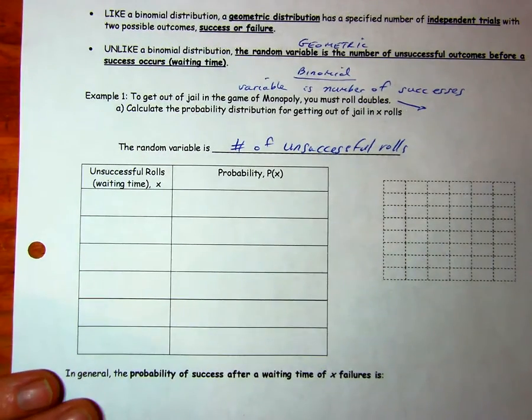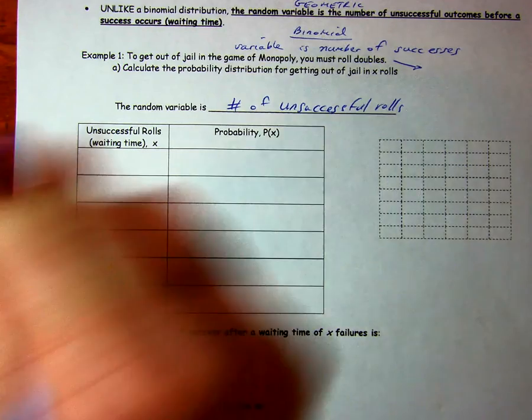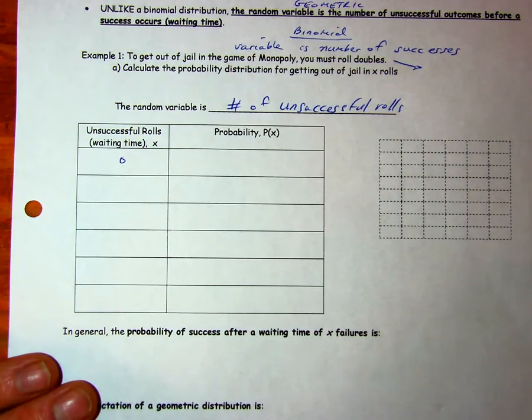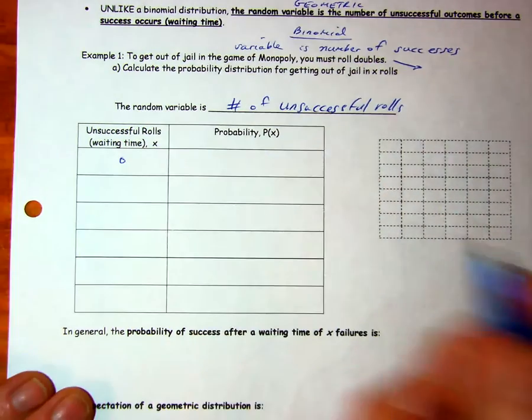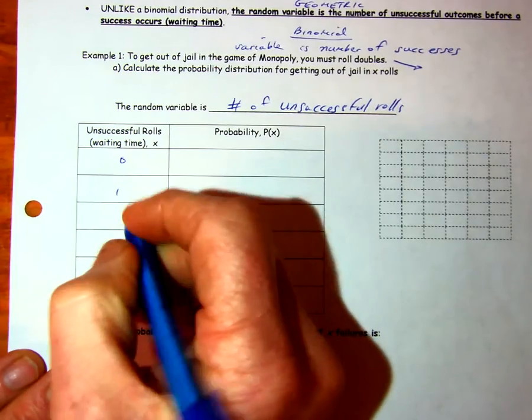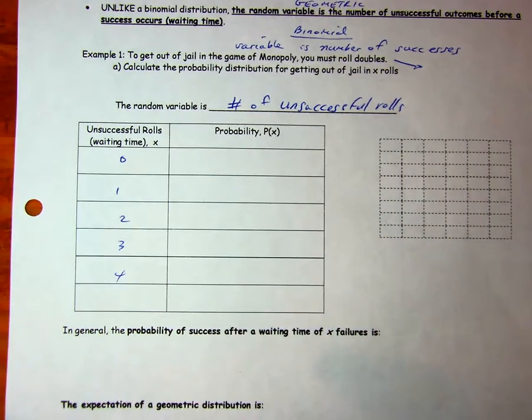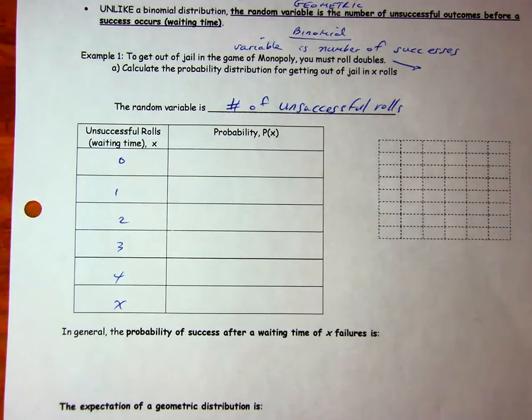What's the lowest number of unsuccessful rolls you can have? 0, because you can have a successful roll right off the bat, right? And then you could have 1 unsuccessful roll, 2, 3, 4 unsuccessful rolls, and then we'll just generalize it to X unsuccessful rolls.